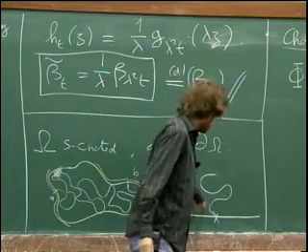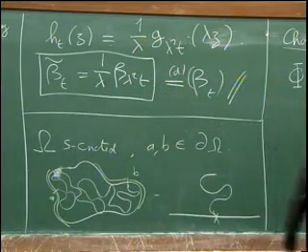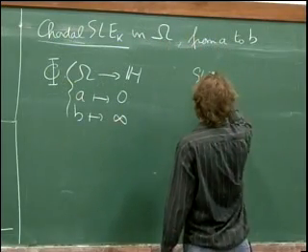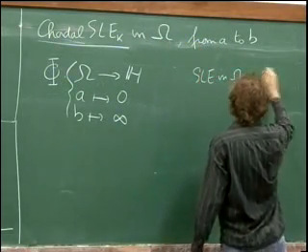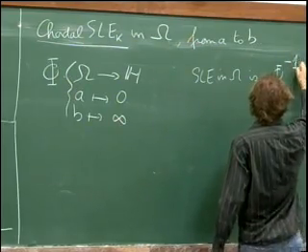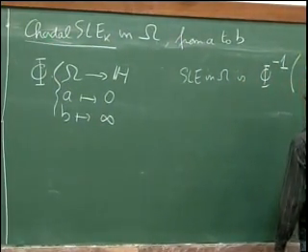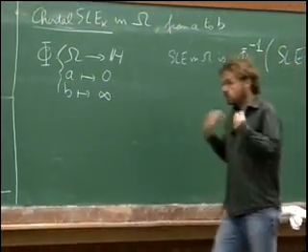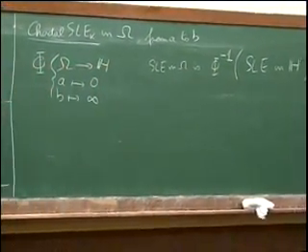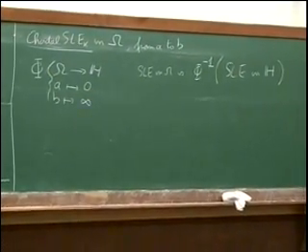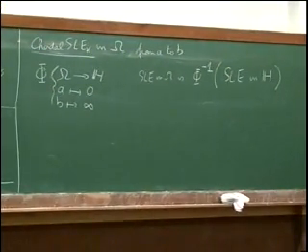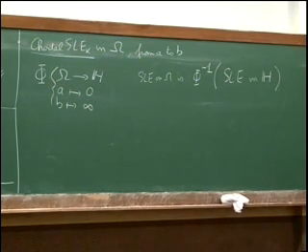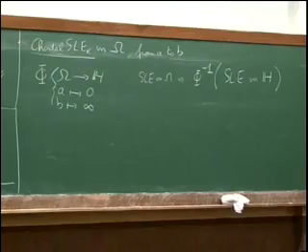So you start with SLE in H, and you say that SLE in omega is just the pullback by phi of SLE in H. So to define SLE in a domain, you define it by conformal invariance, saying that there is one reference domain in which we know what SLE is, and then we can map it to other domains by conformal maps.